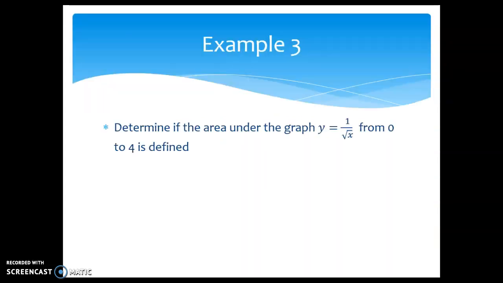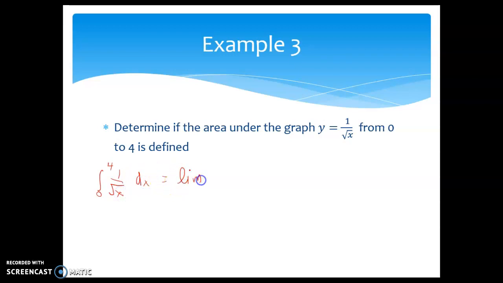So problem number 3, we want to determine if the area under the graph y equals 1 over the square root of x from 0 to 4 is defined. So we do the integral to find the area under the curve. So at this point we say the area under the curve from 0 up to 4 of 1 over square root of x dx.